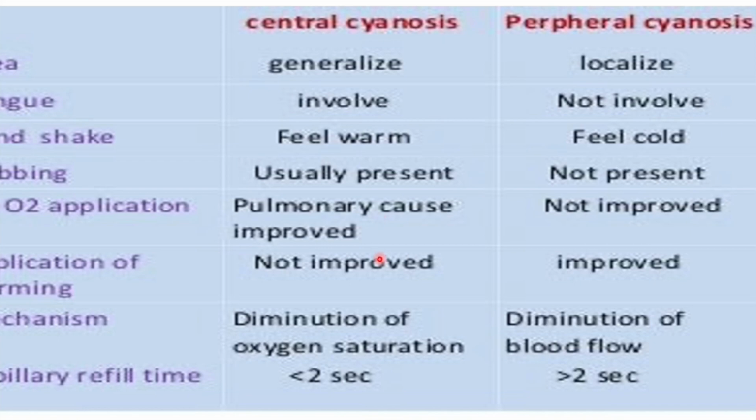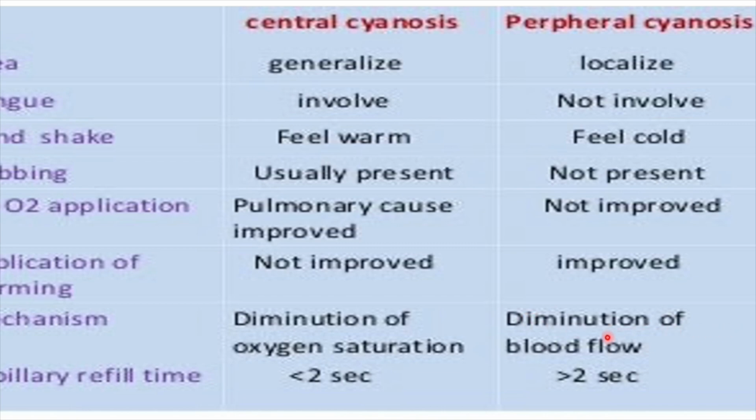Immerse the hand in warm water. So what will happen? In central cyanosis, there may not be much change, but peripheral cyanosis gets improved. What's the reason? Peripheral cyanosis is due to stagnation of blood.